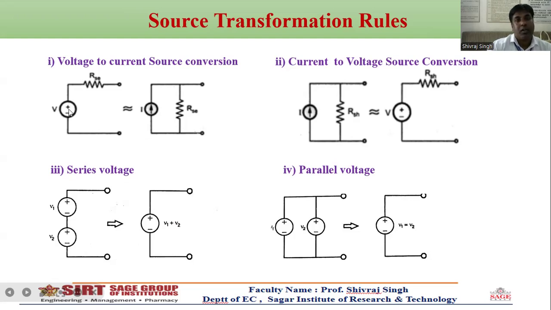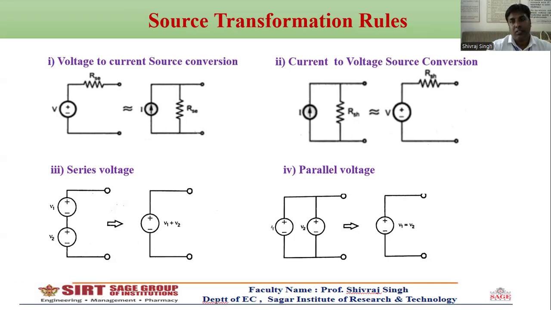That means the voltage source is converted into a current source. So we can convert the voltage source along with the series resistance into a current source along with a parallel resistance, where I equals V upon R.